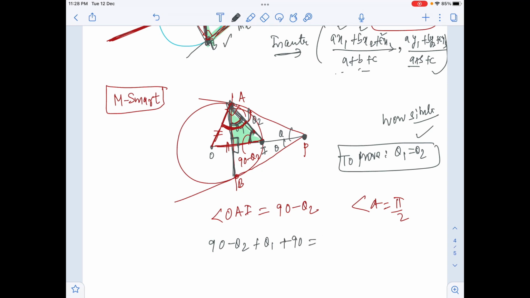So 90 minus θ2 plus θ1 plus 90 should be 180. Now we get θ1 equals θ2, and this was really magical.